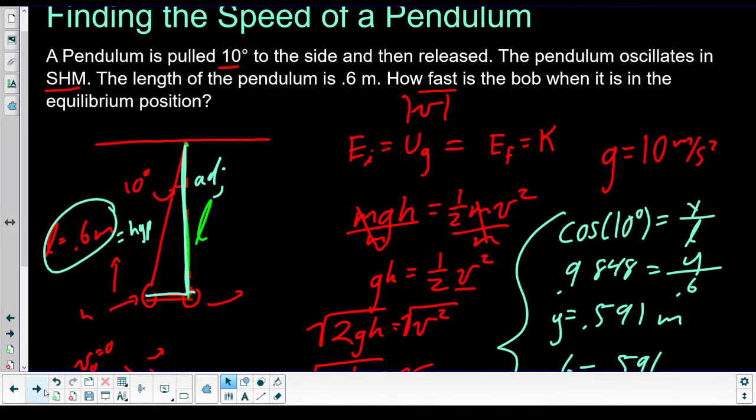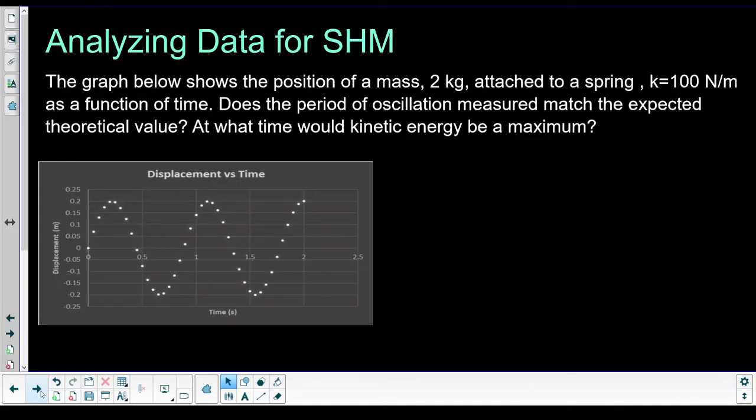Let's look at another one. Okay, this is the other really big archetype of problem that you're going to see on the AP test when it comes to analyzing the energy of a simple harmonic oscillator. They're going to give you a data table. They recorded some information, a data table. Hopefully they made a graph so it's nice to look at.